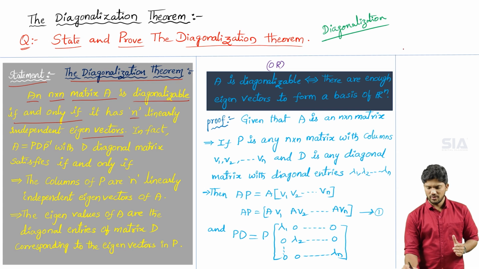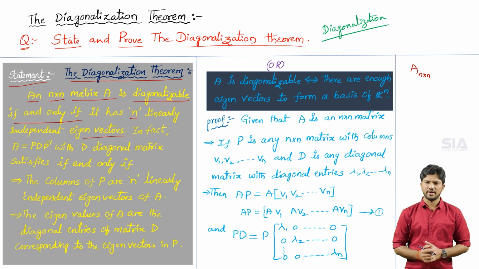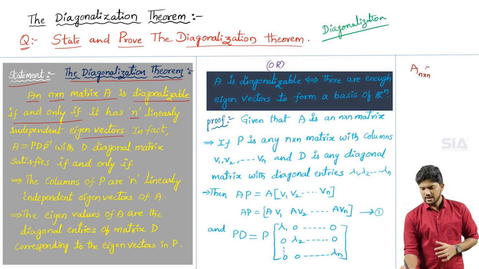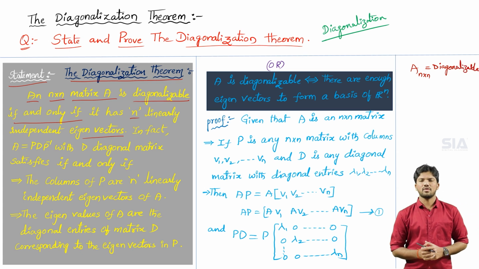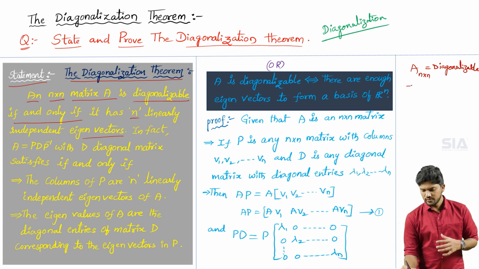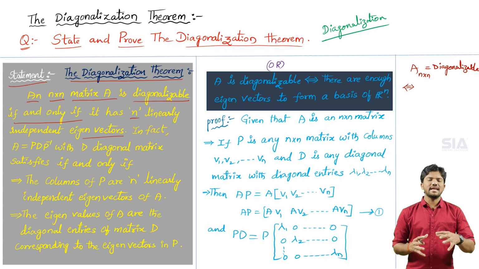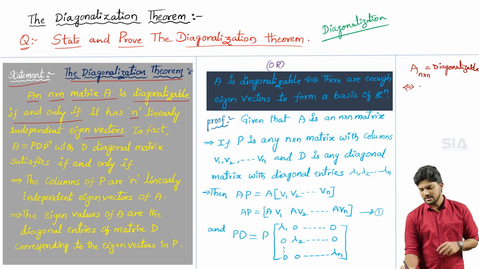Whenever you take a square matrix capital A of order n by n, this matrix is said to be diagonalizable if and only if it has n linearly independent eigenvectors.